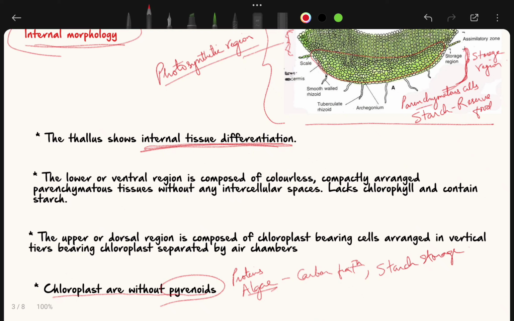So in the chloroplast of Riccia, or in Hepaticopsida in general, pyrenoids are totally absent, but they are found in some bryophytes like Anthoceros.